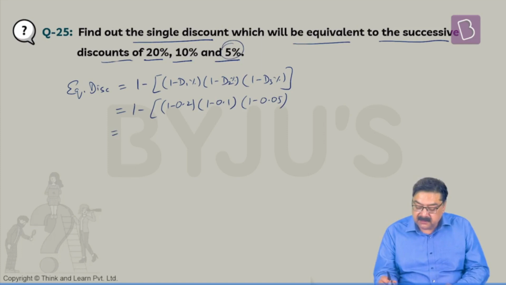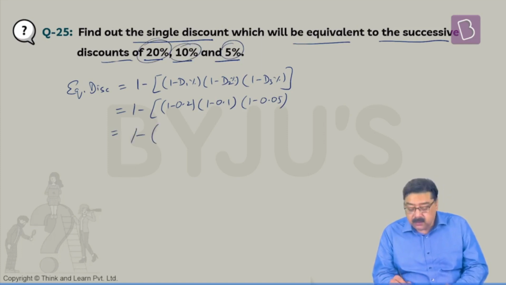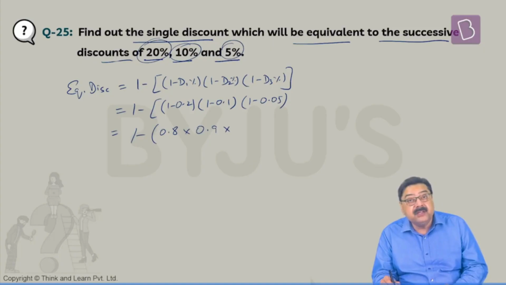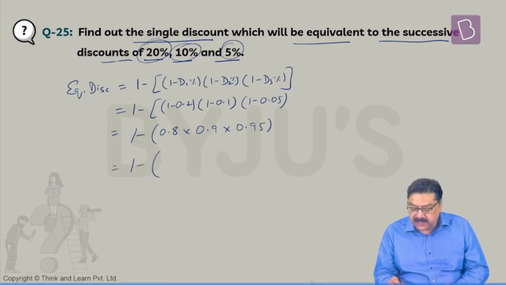This is 5%, this is 10%, this is 20%. So 1 minus 0.2 is 0.8, into 1 minus 0.1 is 0.9, into 1 minus 0.05 is 0.95. But this we already know, no? 0.8 into 0.9, that is 0.72. So 0.72 into 0.95 is all that we need to do.